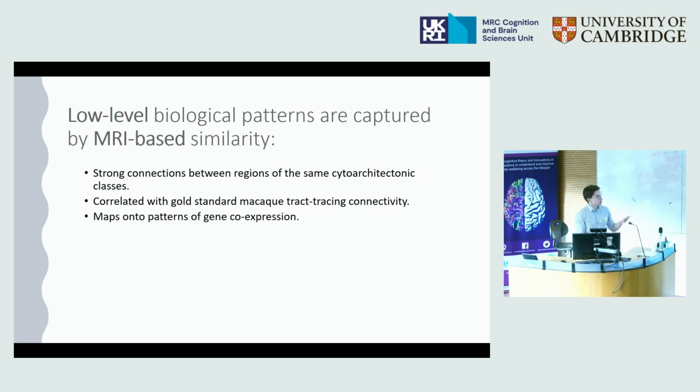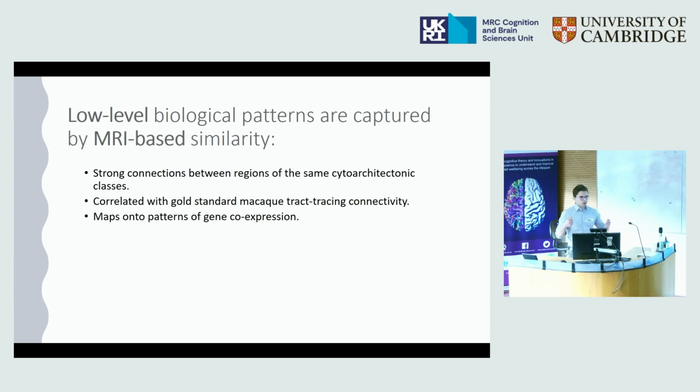So for example, this macrostructural measure of similarity recapitulates known microstructural properties of the brain. You have higher similarity between brain regions of the same cytoarchitectural class, so between brain regions with similar microstructure. Also in macaques, brain regions that are more structurally similar to each other have been shown to be more axonally connected using tract tracing data.